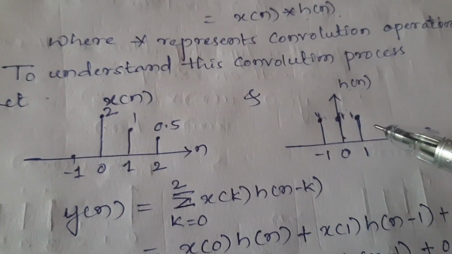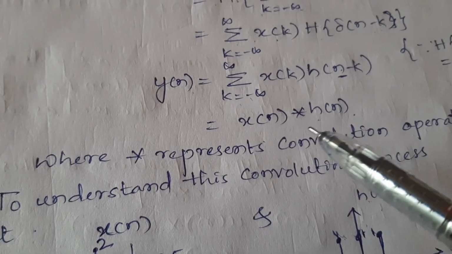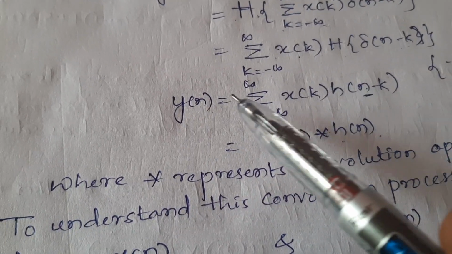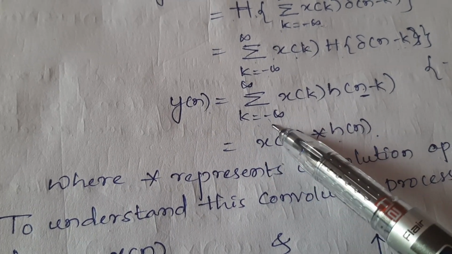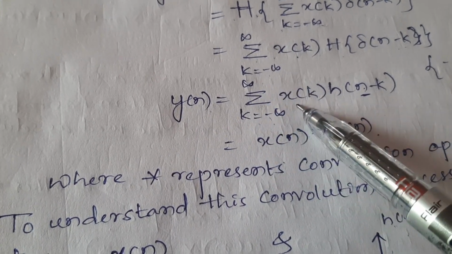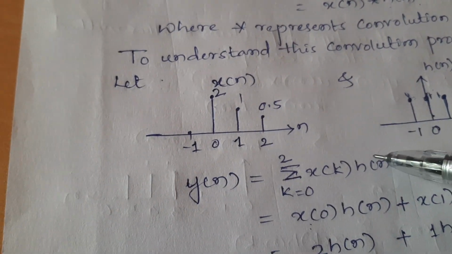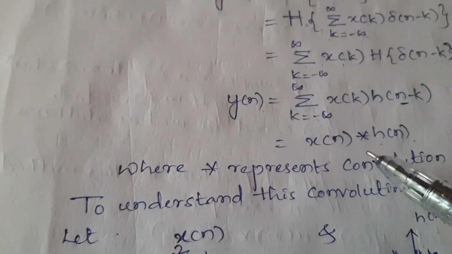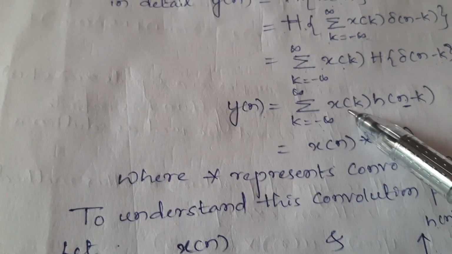Okay, so the operation will be given by the same equation. y of n is equal to summation k from -infinity to +infinity x of k h of n minus k. Here the k is nothing but the range of x.